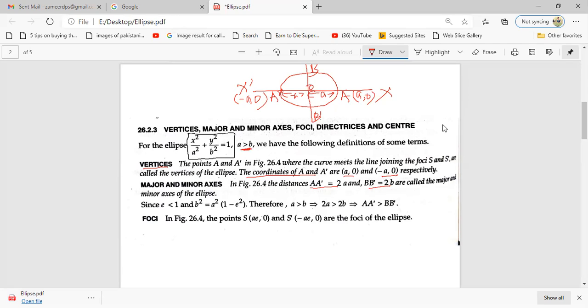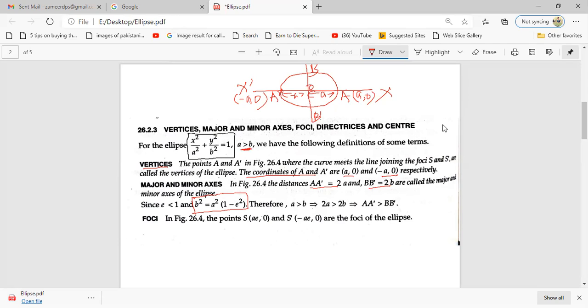And the main important point here is the relation with eccentricity. This you have to remember. E square, either in this way or you can write it in multiplication form, whatever it is.